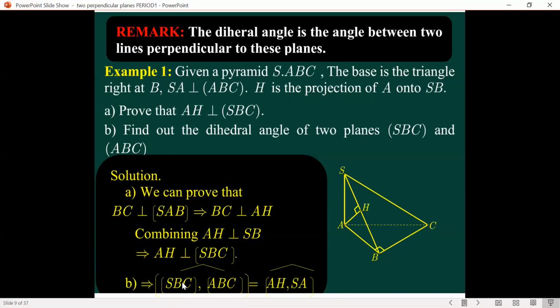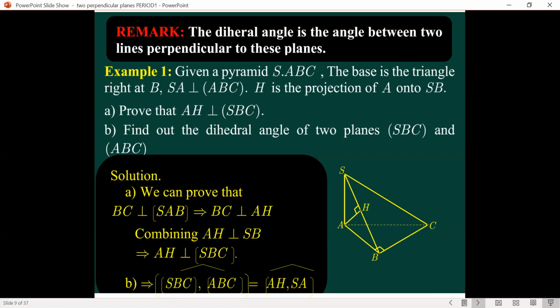So the angle between SBC and ABC equals the angle between the two lines AS and AH. Okay? The definition gives a way to find the angle between planes. Do we have another way?